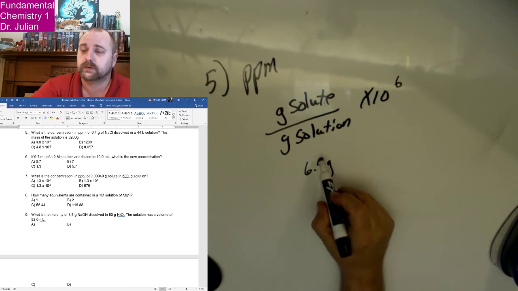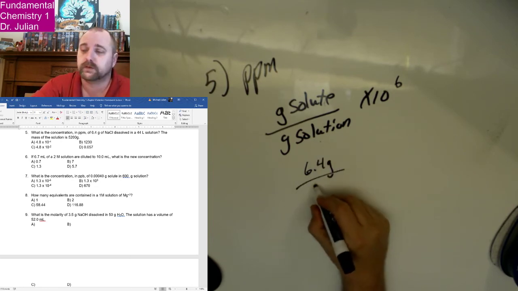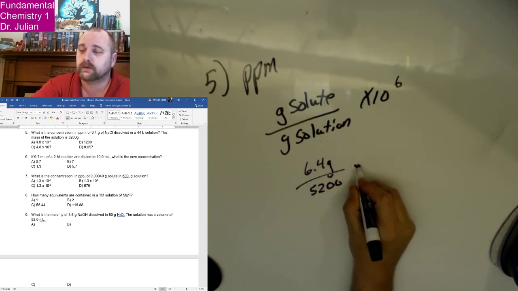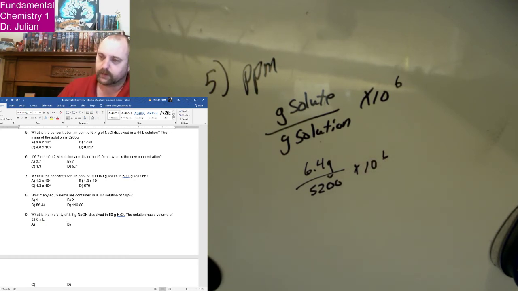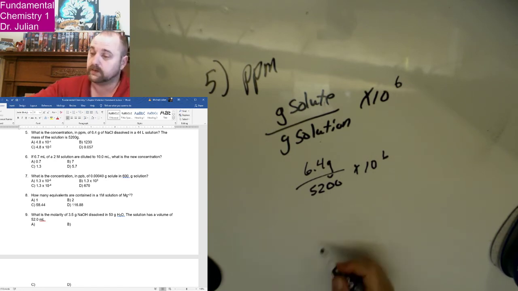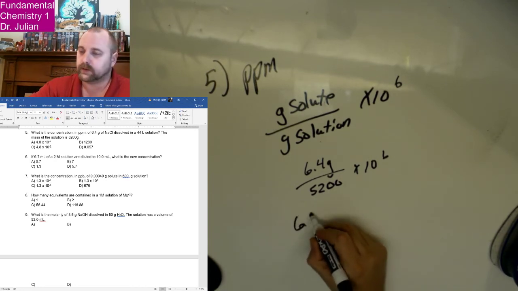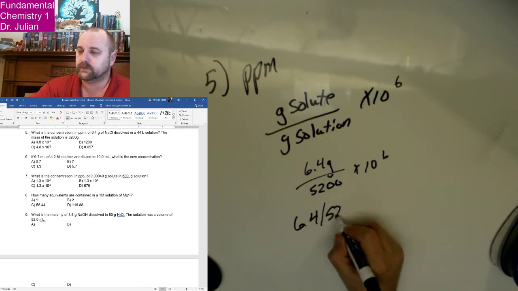Mass of solution is 5,200 times 10 to the 6. All right. 6.4 divided by 5,200. You get a small number. That's fine. Times second E fixed. Remember, it's not 10. So here's what I typed in my calc, 6.4 divided by 5,200.